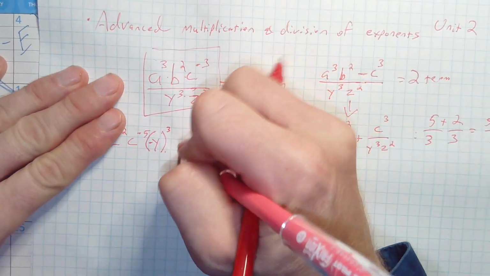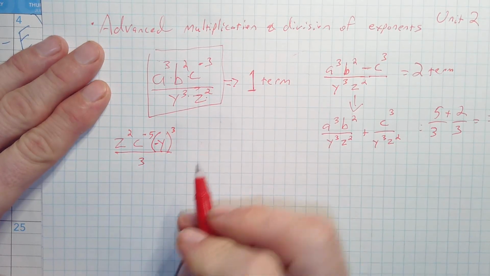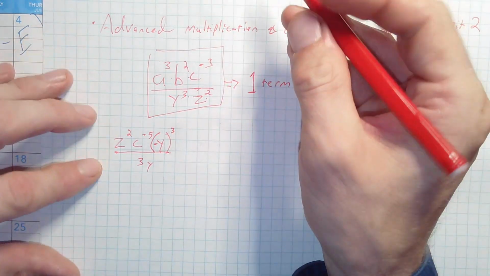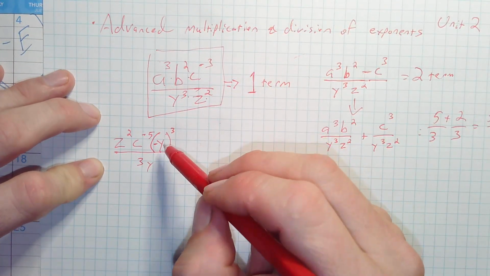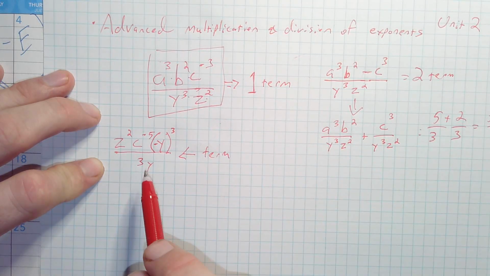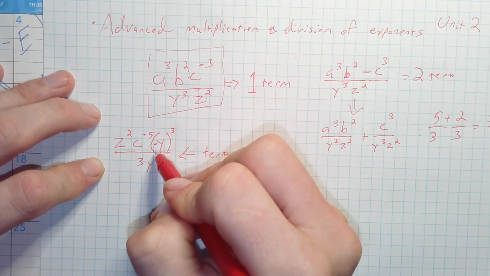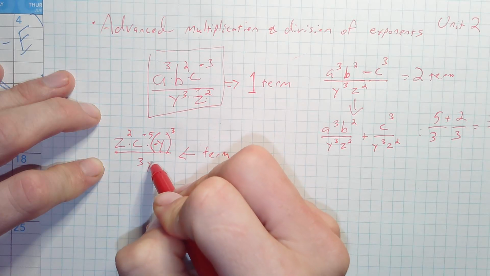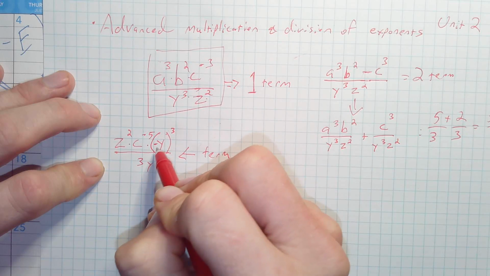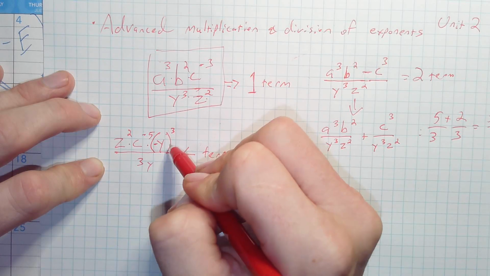Sorry, that's how it would actually be written. And say it's this over 3y, whatever, right? In this circumstance, this is still just one term. I know this might be confusing, but the parentheses indicate that these are multiplied together. This is just a negative form of y, and it's cubing the negative form of y.